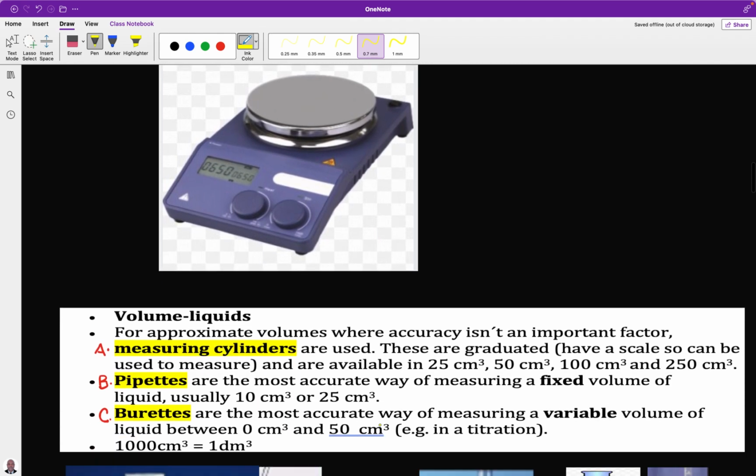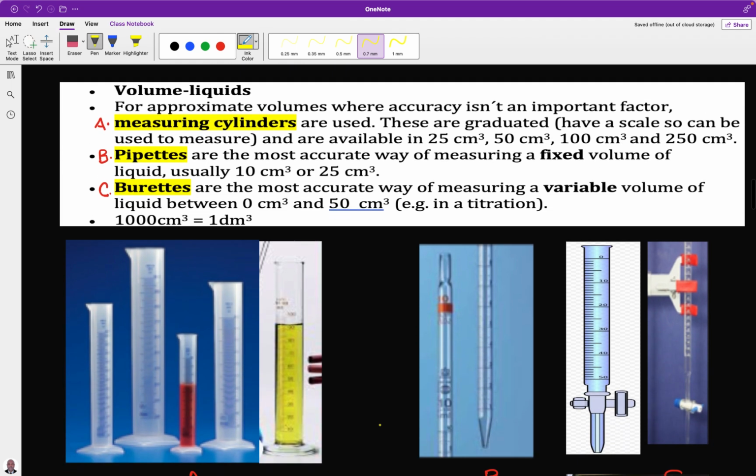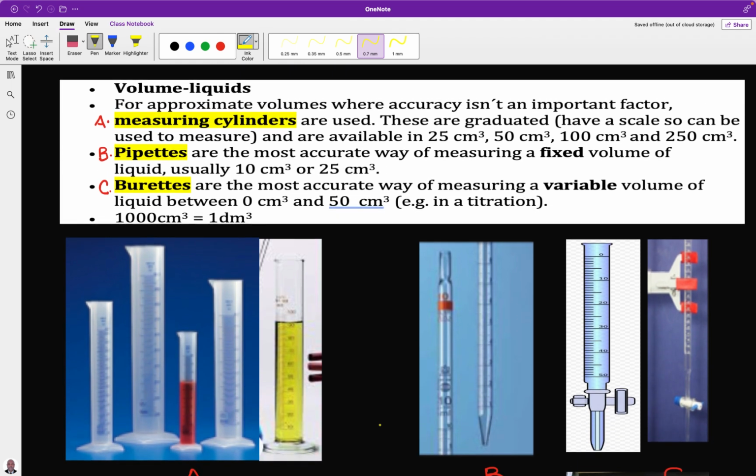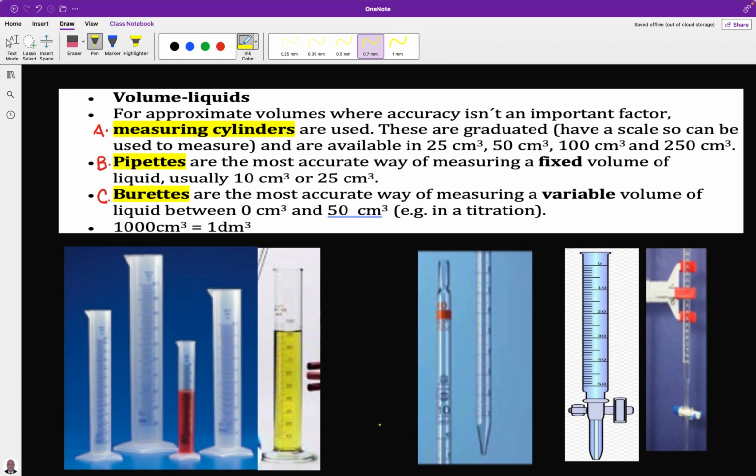It also takes us now to measurement of volumes. There are two types of volumes: volumes for liquids and volume for gases. In your exams, especially the alternative to practical exam, which is mostly descriptive, you could be given a description of a particular experiment or investigation.